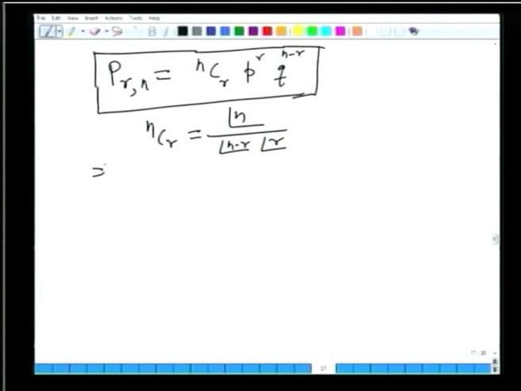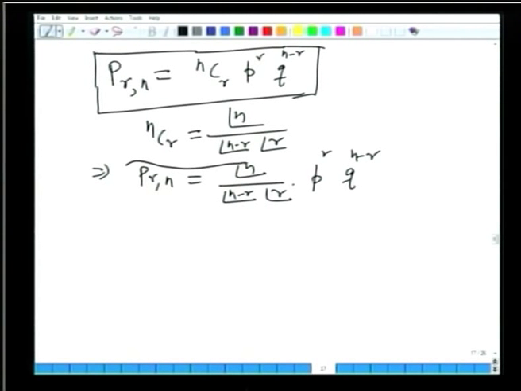So that P(r, n) is equal to this, times p^r q^(n-r), where r is the number of times exactly the event will occur out of n different trials.